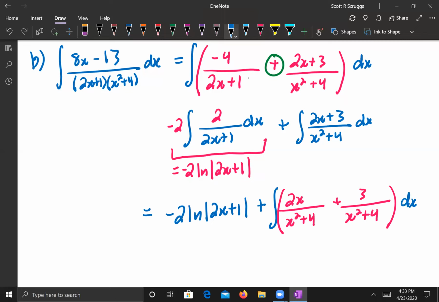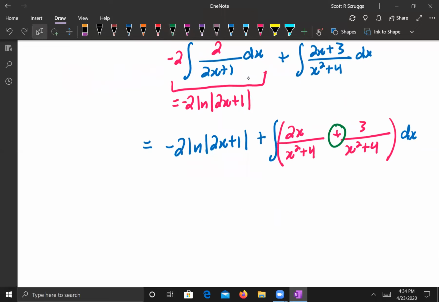Just like before, integrals are linear, and I have an addition going on in there. So I can use the property of integrals that says, take the integral of the first term, take the integral of the second term, join them together by addition.